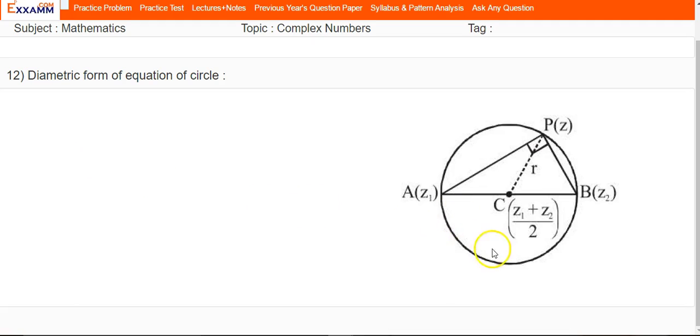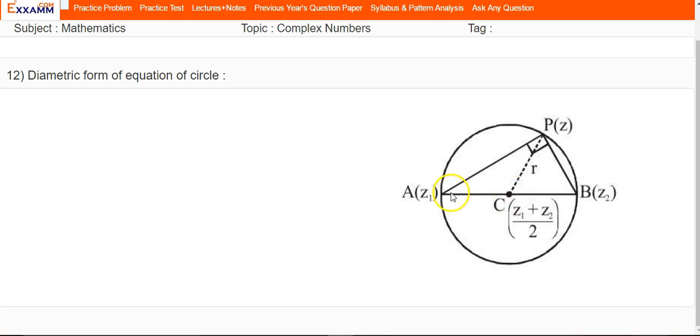Now in a circle, what are the main properties? Diametric form means we have been given the coordinates of the ends of a diameter of a circle, which are say z1 and z2 in this case, and we have to find the equation of the circle with z1 z2 as the diameter. Now what would be the center of this circle?